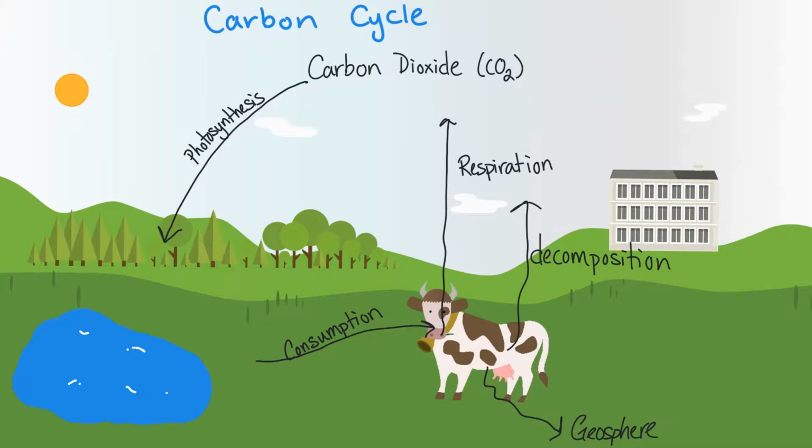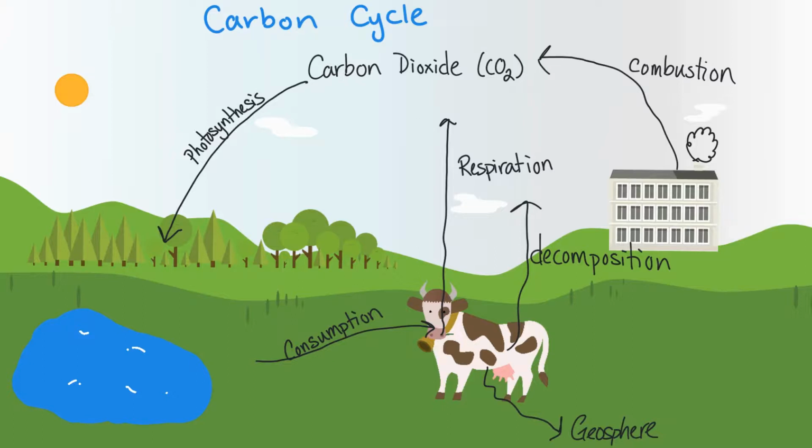And we're going to pretend this building is a factory, because when factories burn coal or natural gas or petroleum type products, those are all fossil fuels, and the burning of that creates smoke, and that also releases carbon dioxide back into the atmosphere, and that burning process is called combustion.